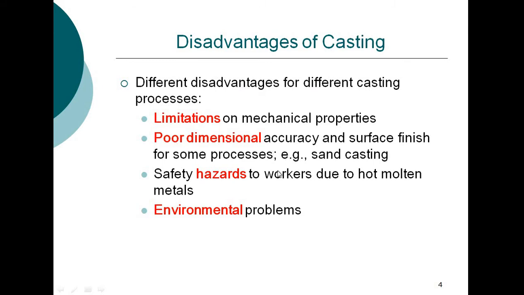Because it has shrinkage that we cannot control, and it's hard to control the dimensions because it will shrink or expand. Some techniques can help, but in general we say it's poor dimensional. There is also safety hazard: it's very hot, so there is a high risk to workers. And the environmental problem is one of the issues we are going to highlight later.